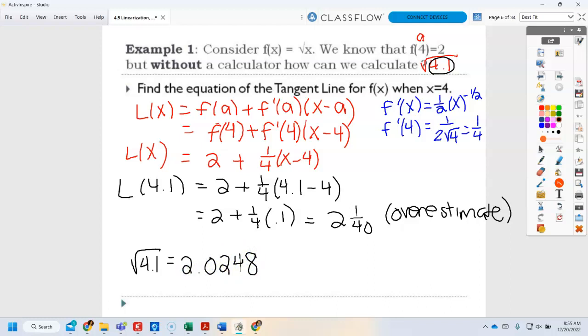I personally, off the top of my head, don't know what 1/40th is. So our answer was 2.025. So comparing them, 2.0248 versus 2.025, was our prediction pretty close? Yes. Is it just slightly an overestimate? Yes.